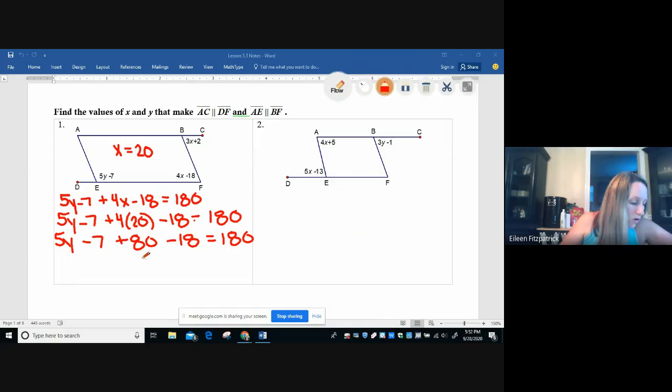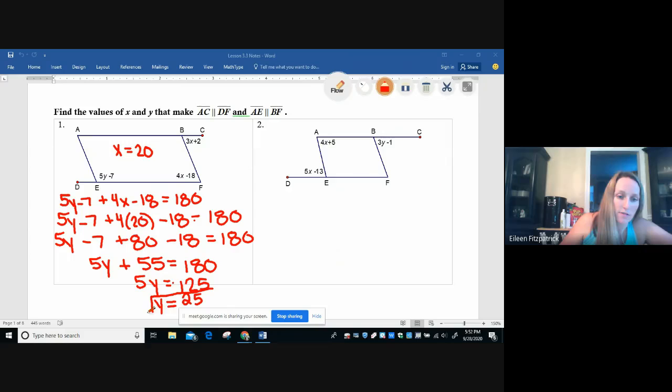I'm going to combine all my like terms, which is going to give me 5y plus 55 equals 180. Subtract 55 from both sides, so I have 5y equals 125. Divide both sides by 5, and you get y is equal to 25.